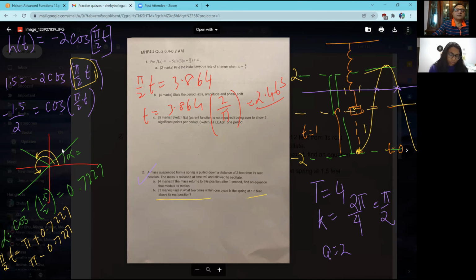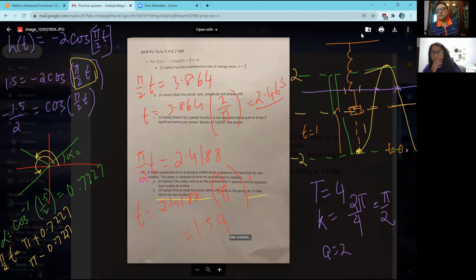So the other answer is pi by 2 t equals 2.4188. So t equals 2.4188 times 2 over pi, times 2 divided by pi, 1.53.